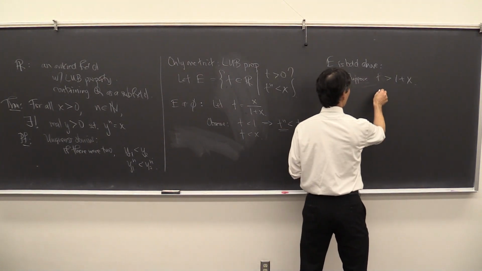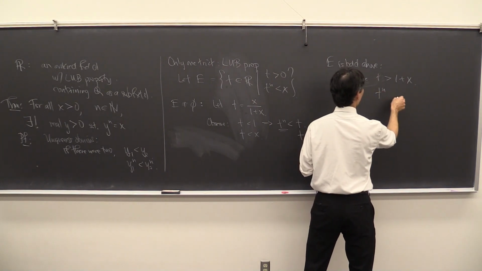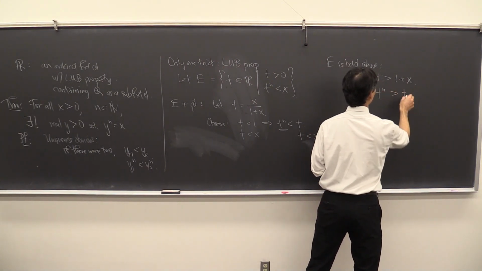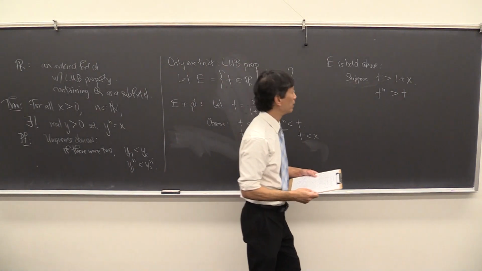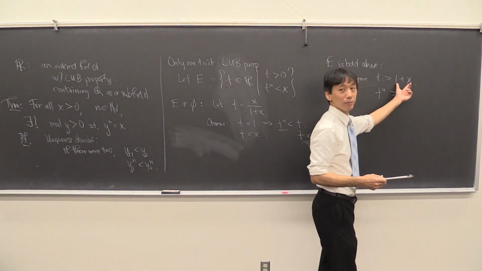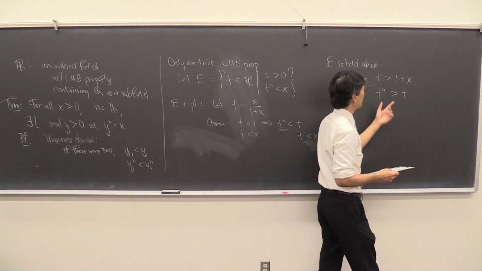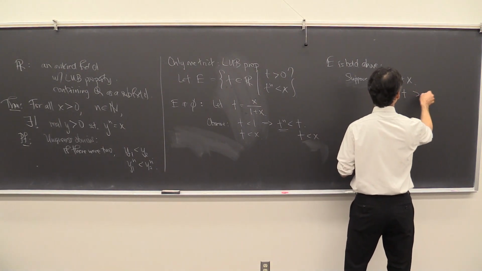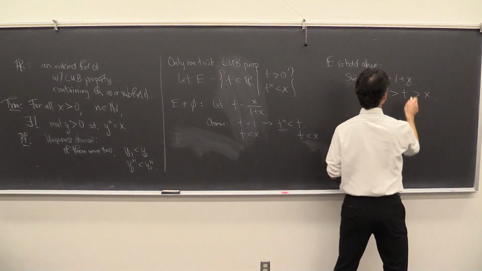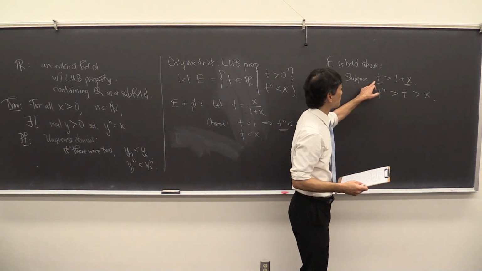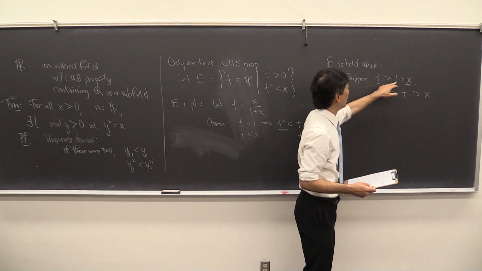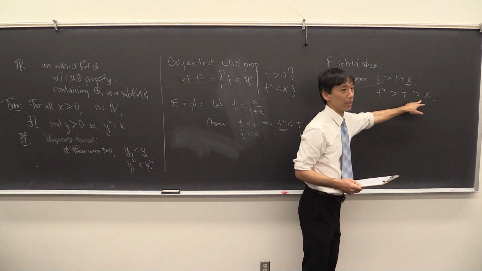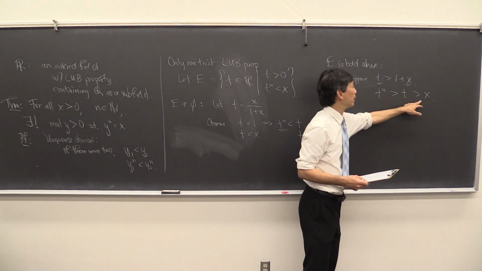Well then, t to the n is going to be bigger than t, right? Because t is bigger than 1. And t is bigger than x, right? So if t is bigger than 1 plus x, then t to the n is bigger than x.